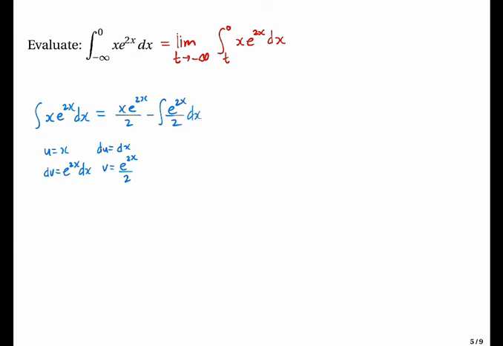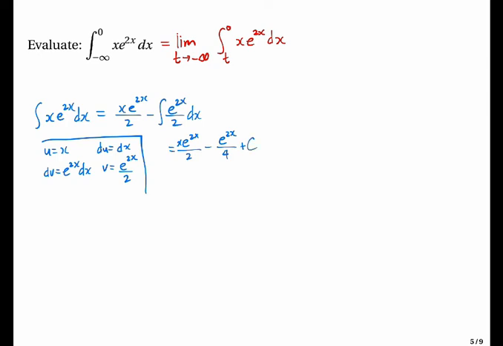Therefore this is equal to x e to the 2x over 2 minus e to the 2x divided by 4, and then plus the arbitrary constant c.